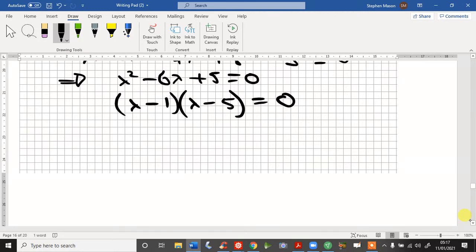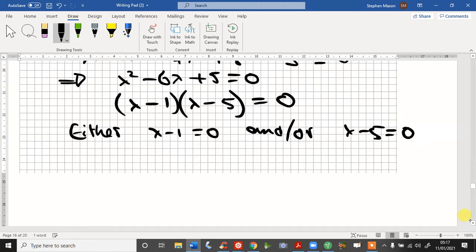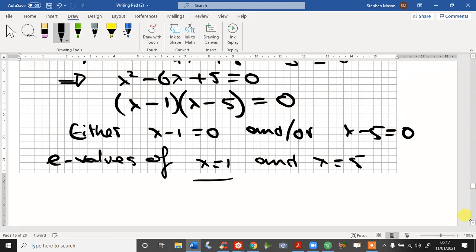This means that either lambda minus 1 is 0 or lambda minus 5 equals 0, leading us to the eigenvalues lambda equals 1 and lambda equals 5. So we've got two eigenvalues.